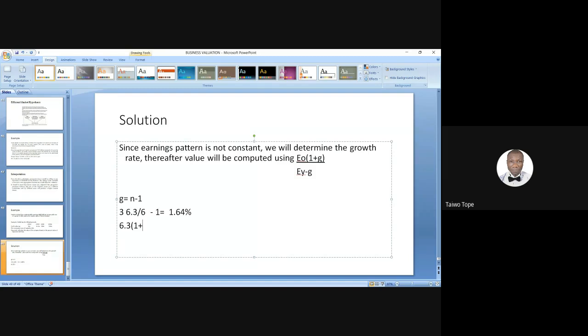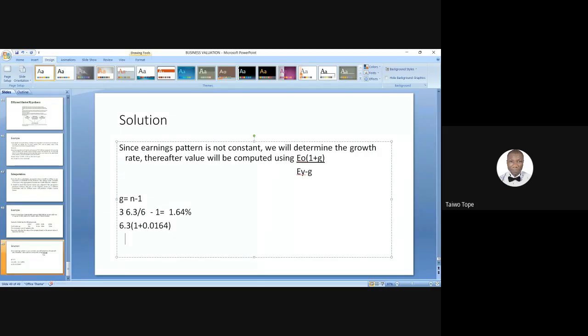Convert that to decimal. You should have 0.0164.